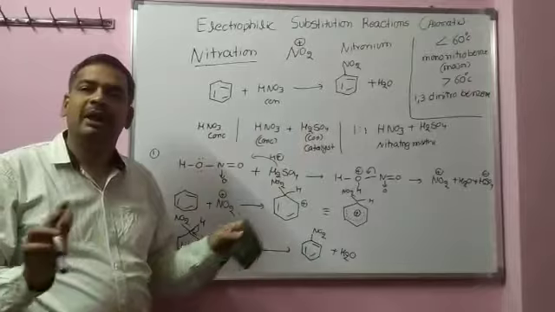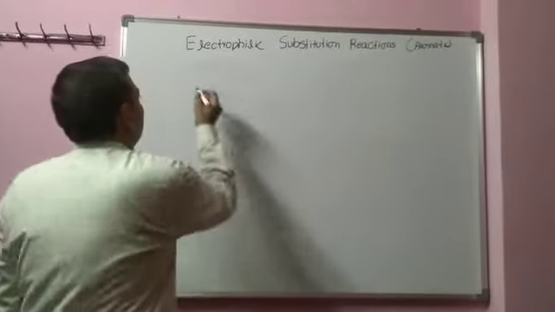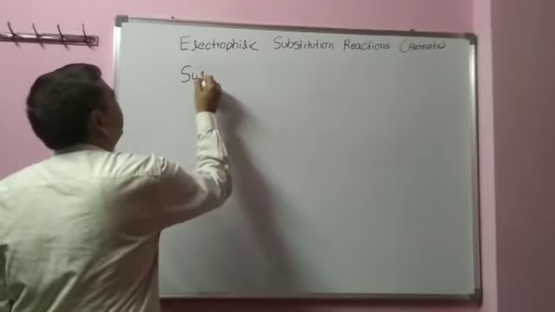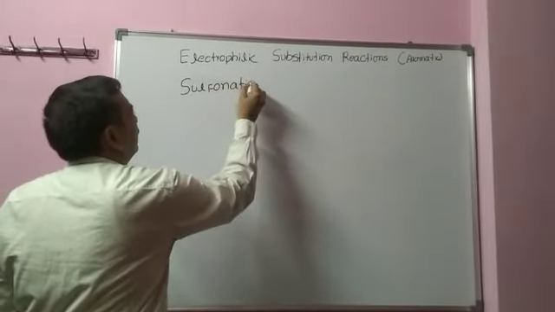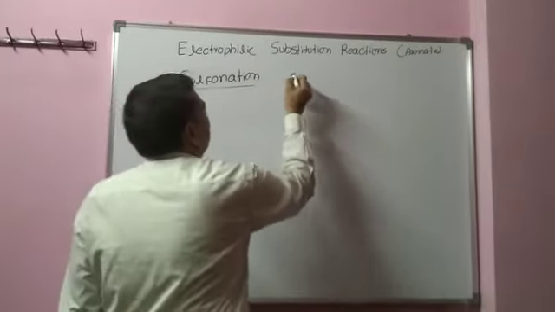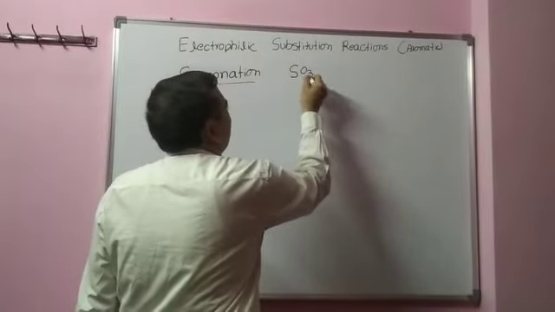This is about nitration. The last one is sulfonation. In sulfonation, the electrophile is sulfur trioxide.